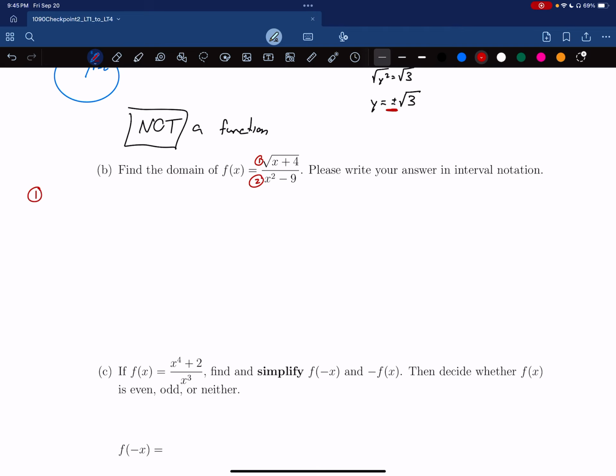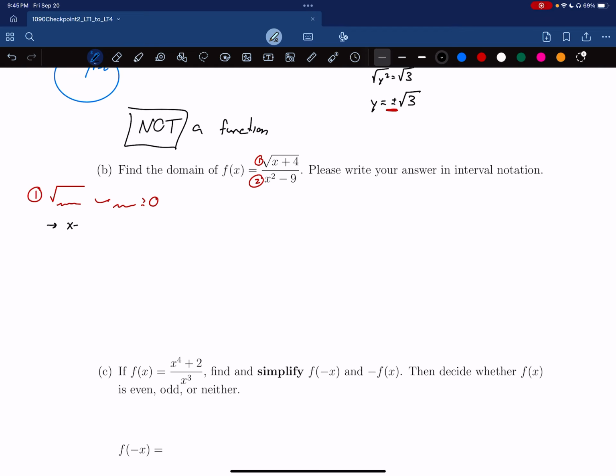So let's go ahead and talk about the square root. If we have the square root of something, whatever is inside that square root has to be greater than or equal to 0, because we can't be taking a square root of a negative number. So now we can solve for this algebraically.